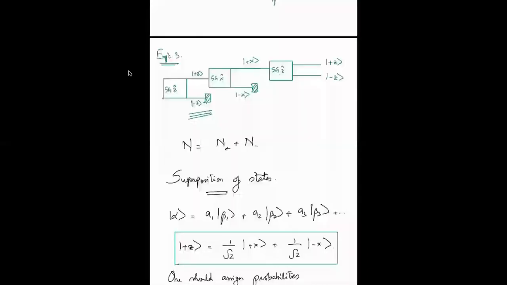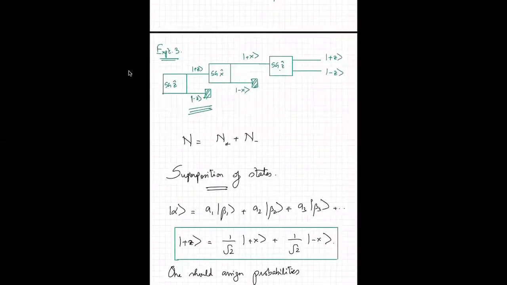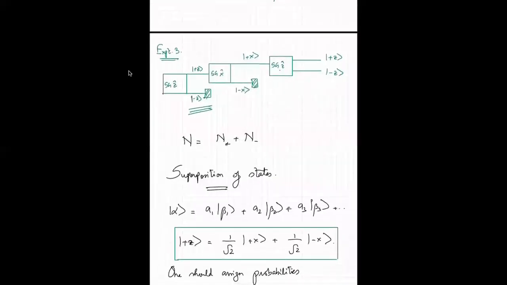Okay, so the results of these experiments were actually a little confusing when we studied them for the first time, because we did not know the rules of quantum mechanics and the rules of assigning these probabilities. Once you understand the postulates, it's actually very straightforward and very clear, and you know that this is exactly what you should get.